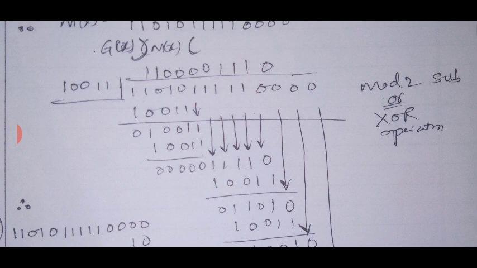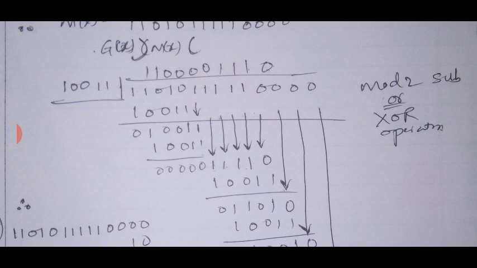So after doing XOR operation of these two numbers, you will get the result. Next you will take another 1. Next you multiply 10011 with 1, so you will get 10011. You will do XOR operation of this number with this one. Next you will take 1.